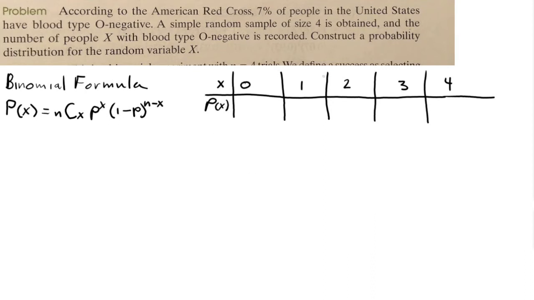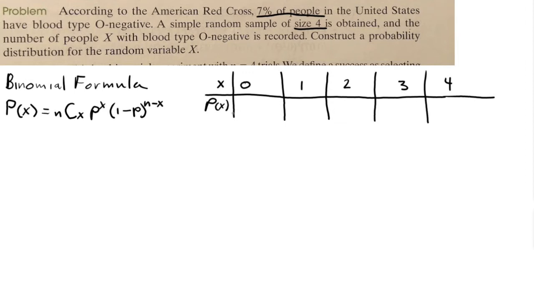I've done our setup here. Let's pick out all of our relevant information. You have a sample of size 4 right there. That's important. We have the percentage of people in the United States that have the blood type, which is also important.